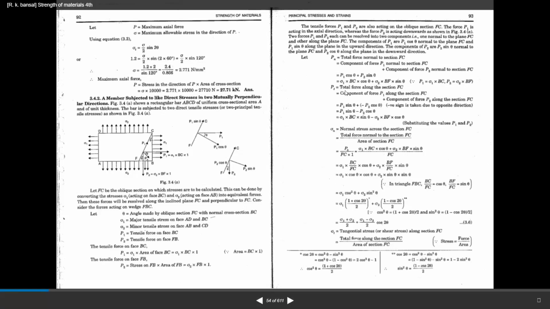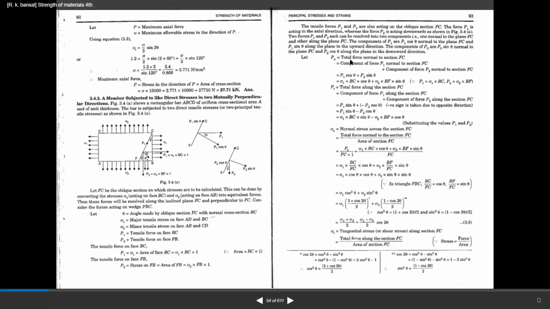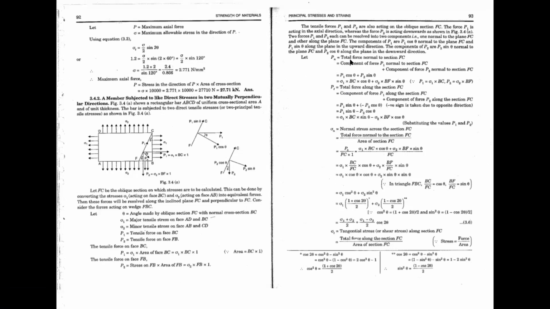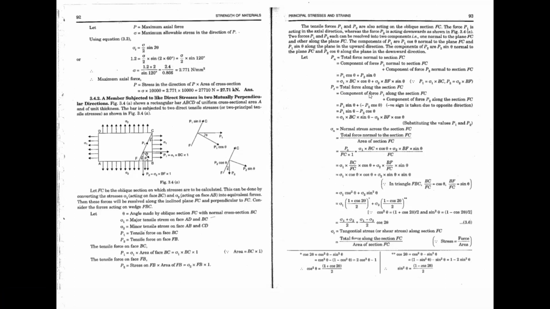Finally, we get the values: the total forces along the section FC, PT. Pn is the total normal force, and PT is the total along the section FC, that means the tangential force.